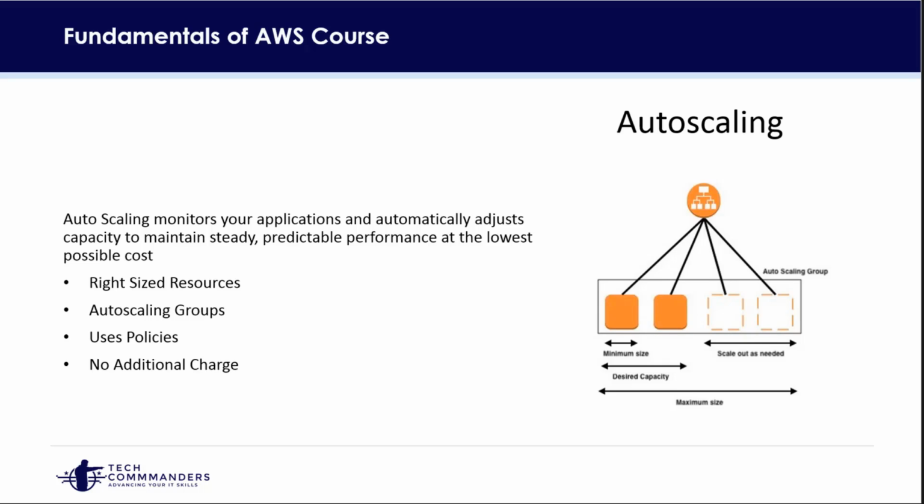We also want to ensure that we minimize any downtime. This can help as well. Now, with auto scaling, again, we could set what's called a threshold value via a policy.